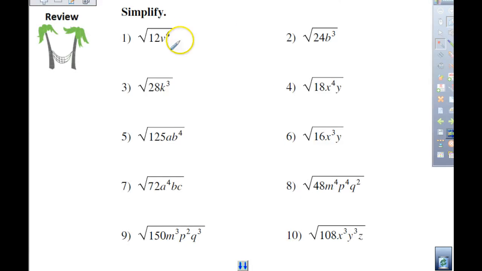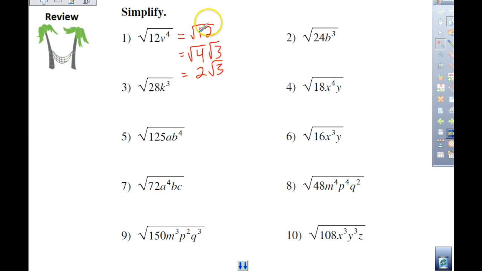Here we go. Nice thing is we just get to do the same thing we always did with numbers. Those don't change. So for instance, square root of 12v to the fourth. So let's break it up into smaller pieces. What's the square root of 12? You should get root 4 and root 3, which equals 2 root 3.